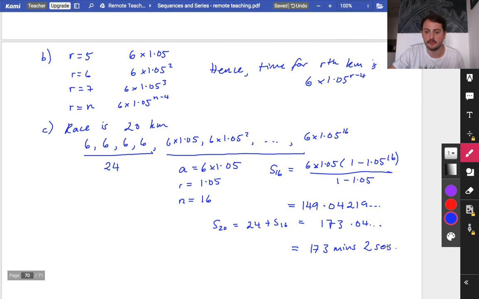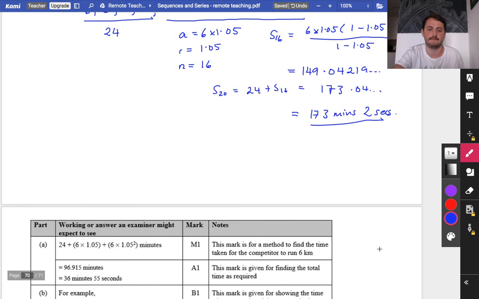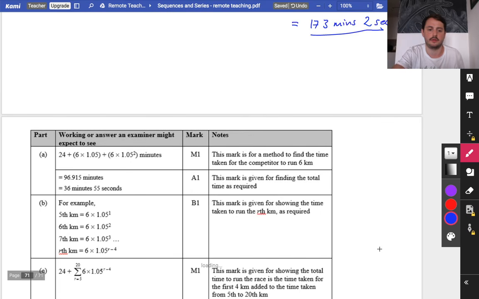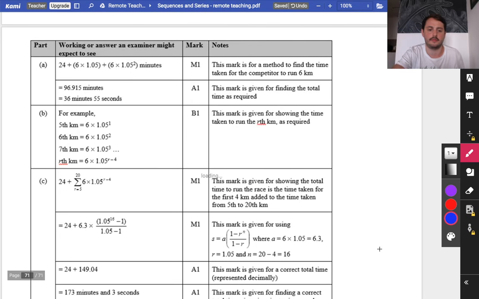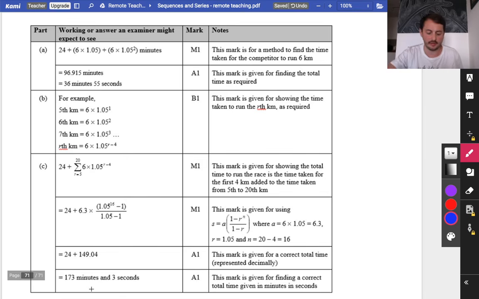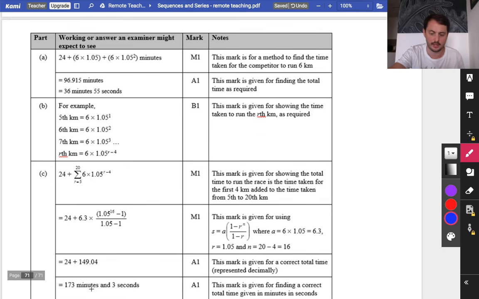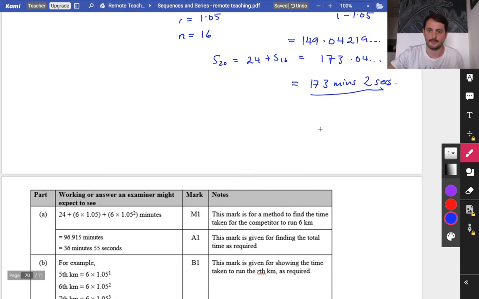I'm really hoping this is correct. 173 minutes and 3 seconds. Oh, I don't think I've done the rounding properly. Let's have a quick look. Nope, I did the rounding wrong. I'm sorry. It should indeed say 3 seconds.